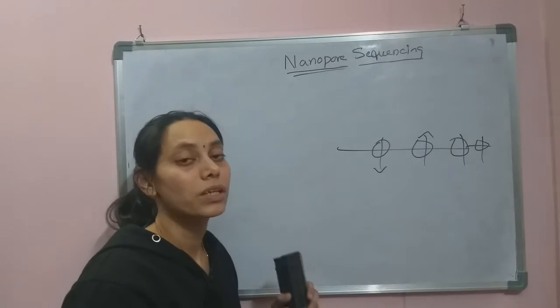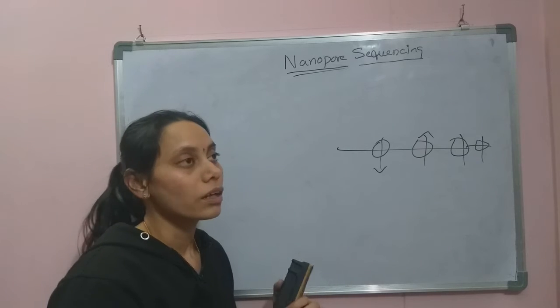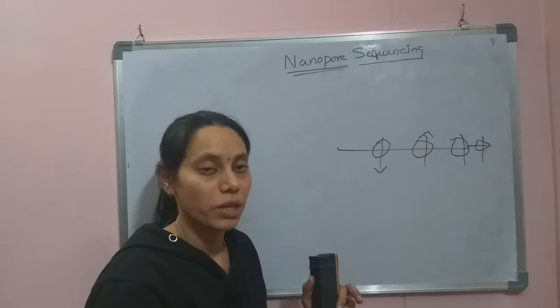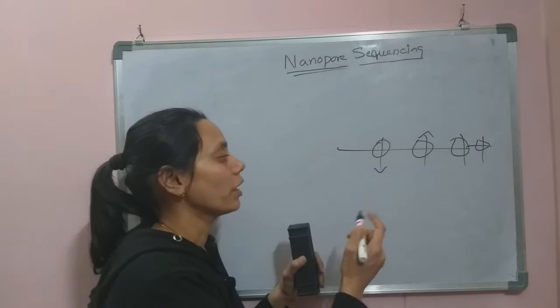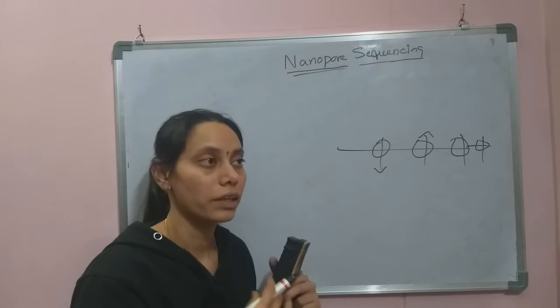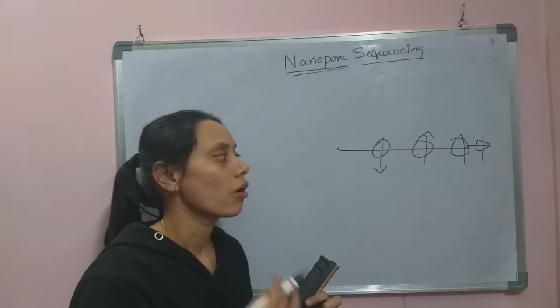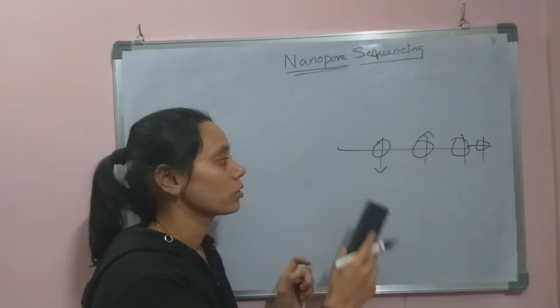These are very much essential for the survivability of the cell. That means the communication between the living cell and the environment is through these pores. Any signal molecules, ions, or small molecules all come across the membrane through these nanopores.